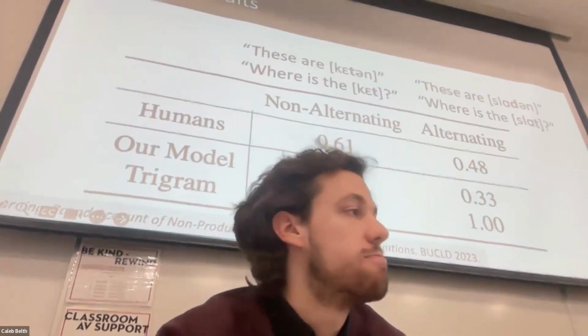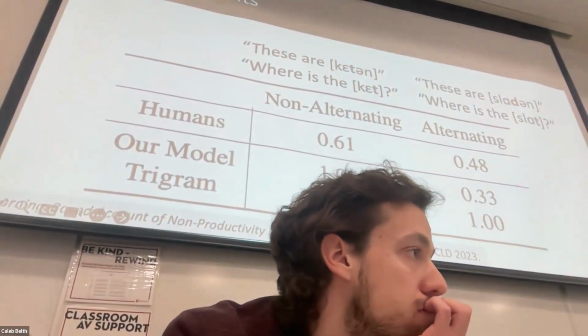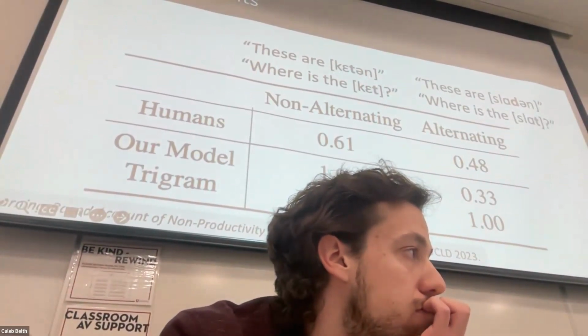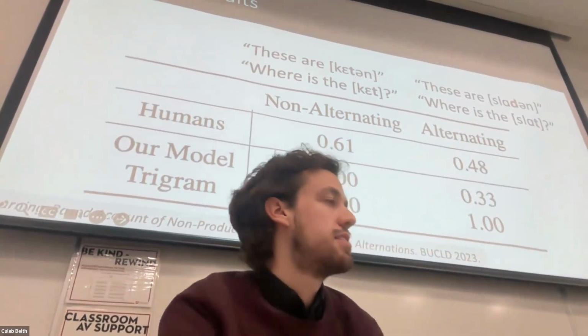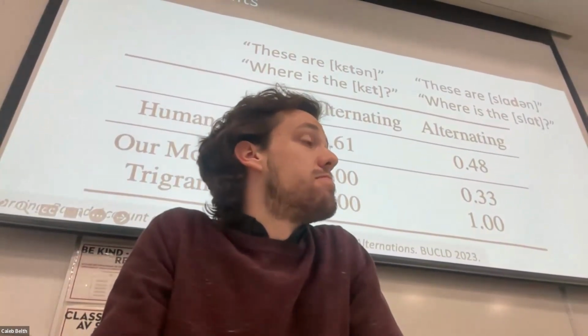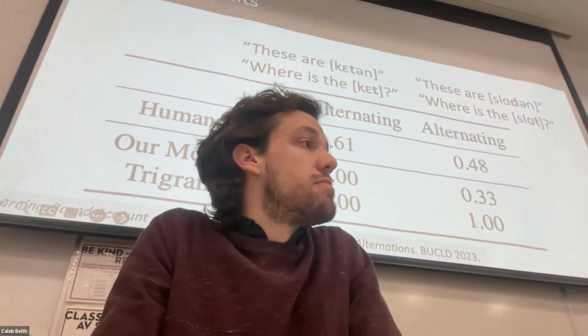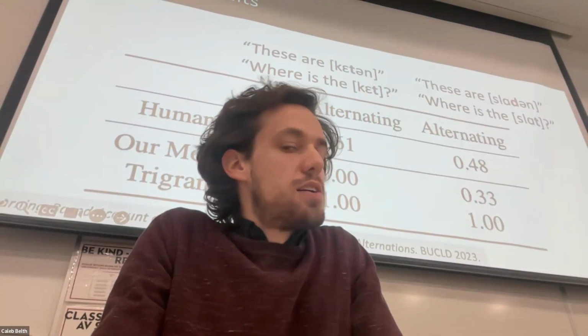But I'm wondering whether you think that's something you will easily get by programming things in. I have a technical question and a conceptual question. The technical question is how hard you think it would be for you to go in a direction where you can model the gradience. And the conceptual question is whether you think that these kinds of differences tell us something about representations, or whether they are out there in the format.